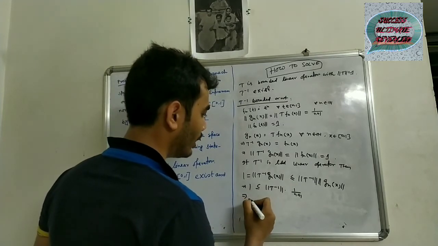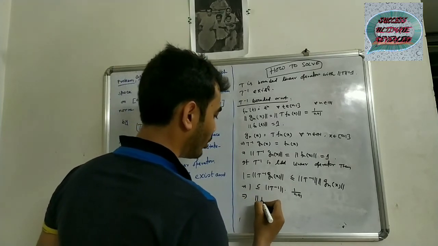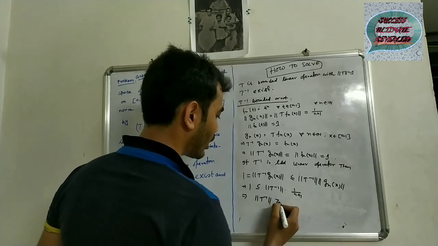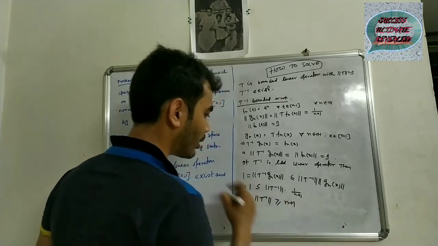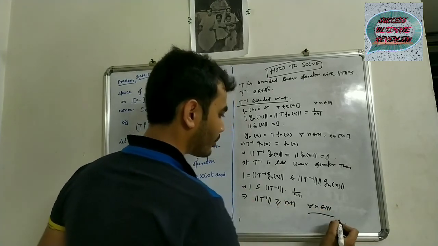This implies 1 is less than or equal to the norm of T inverse times 1/(n+1). This implies the norm of T inverse is greater than or equal to n+1, n belongs to N.